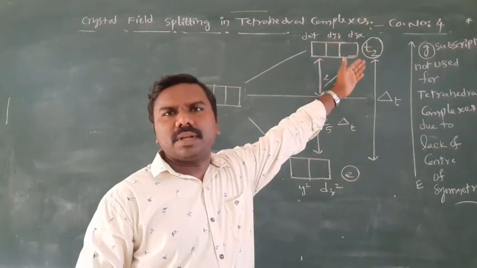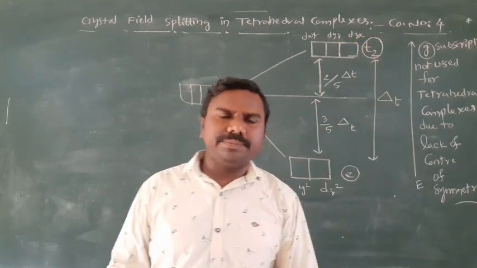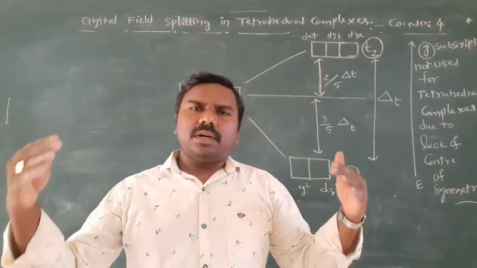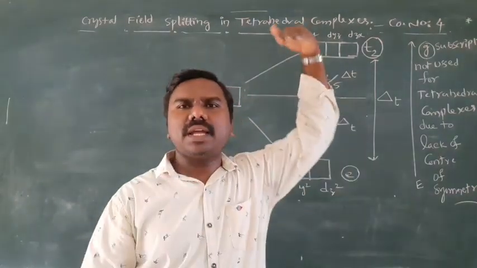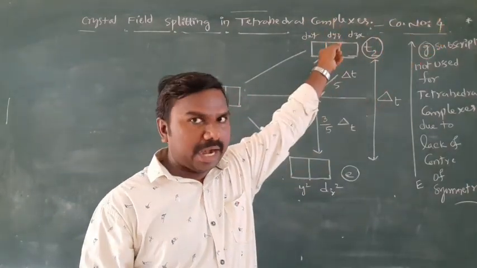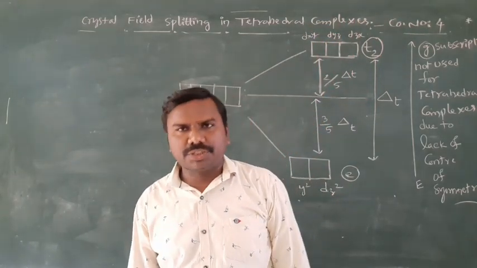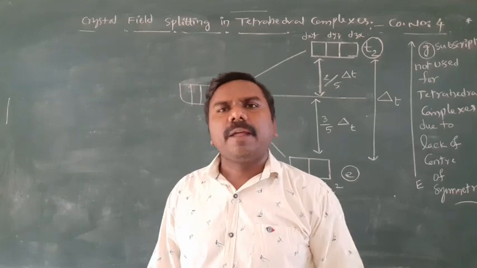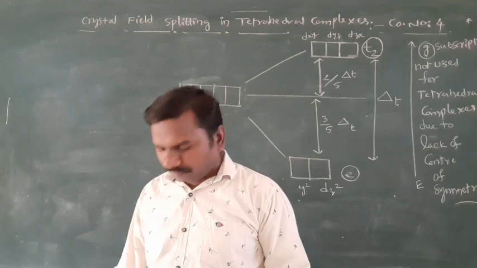The T2 orbitals dxy, yz, zx are approached in the direction of the ligand, obviously more repulsions, higher in energy in tetrahedral complexes because of the tetrahedral structure.